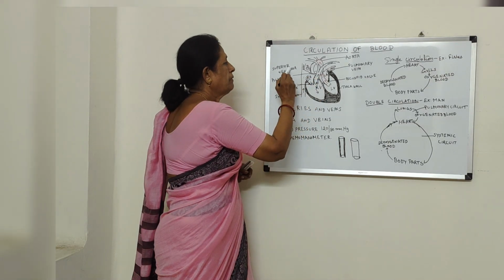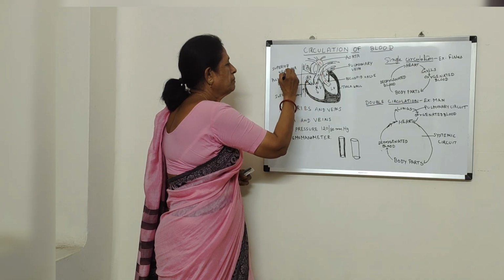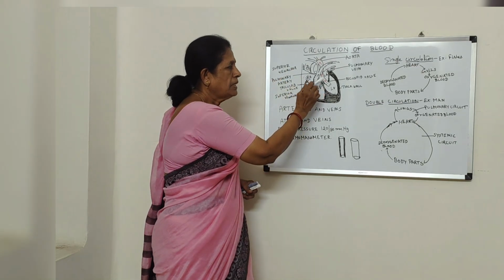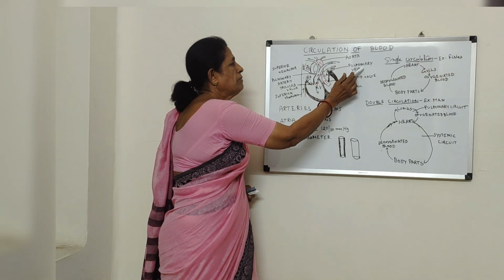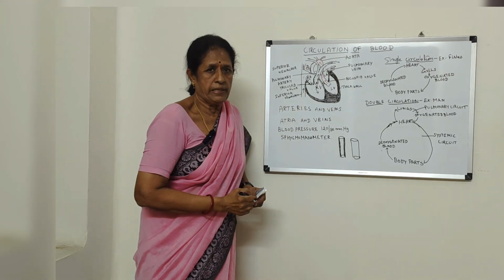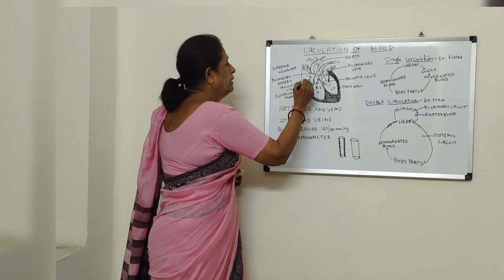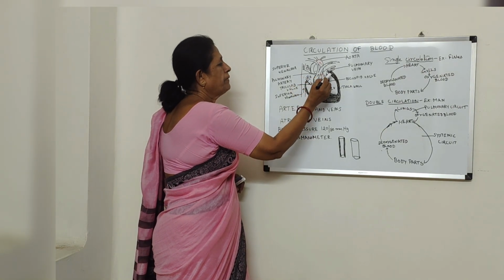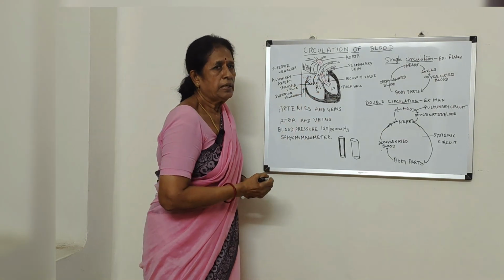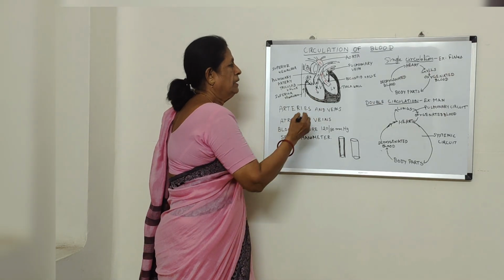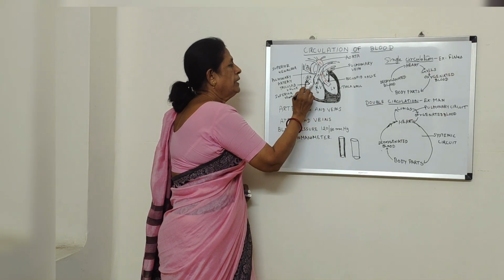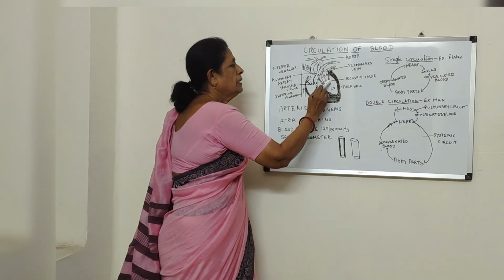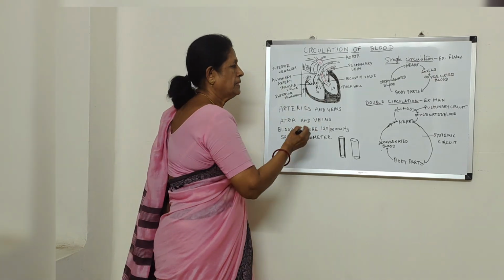The right auricle receives blood from the superior vena cava and inferior vena cava, whereas the left atrium receives blood from the pulmonary vein. The right atrium pumps blood to the right ventricle, and the left atrium pumps blood to the left ventricle. Here the tricuspid valve is present, and here the bicuspid valve is present.